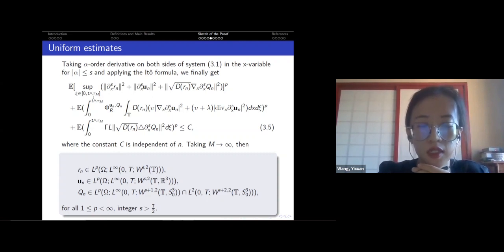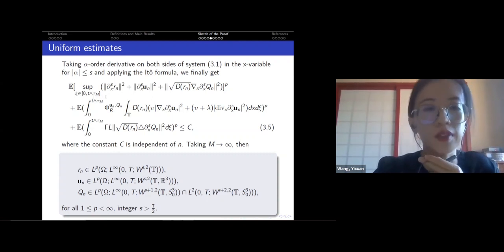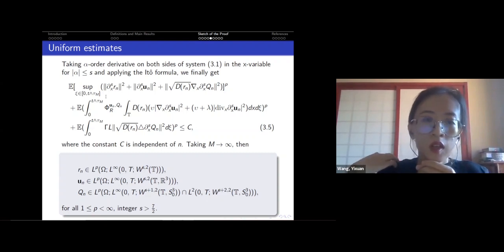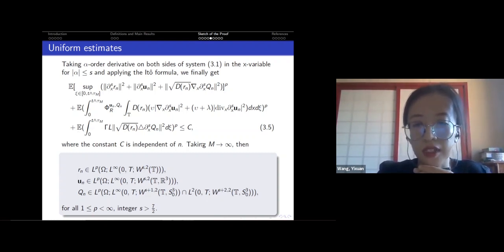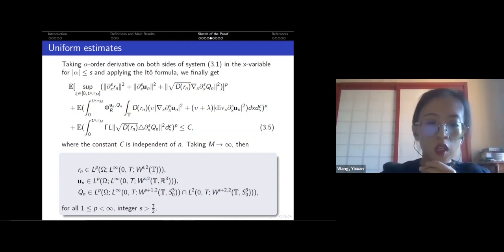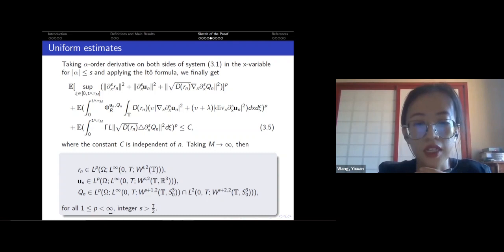We take the stopping time tau_m such that the H^s norm of U and the H^(s+1) norm are bounded by capital M. If we take M to infinity, we can get the bound for R_n, U_n, Q_n, that is, these bounds are independent of n, for any p bigger than or equal to 1 and less than infinity, and for integer s bigger than 7/2.